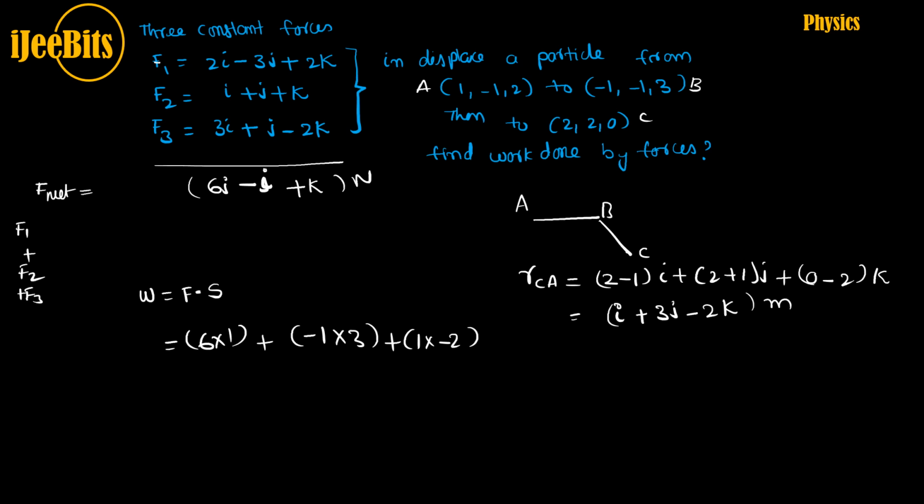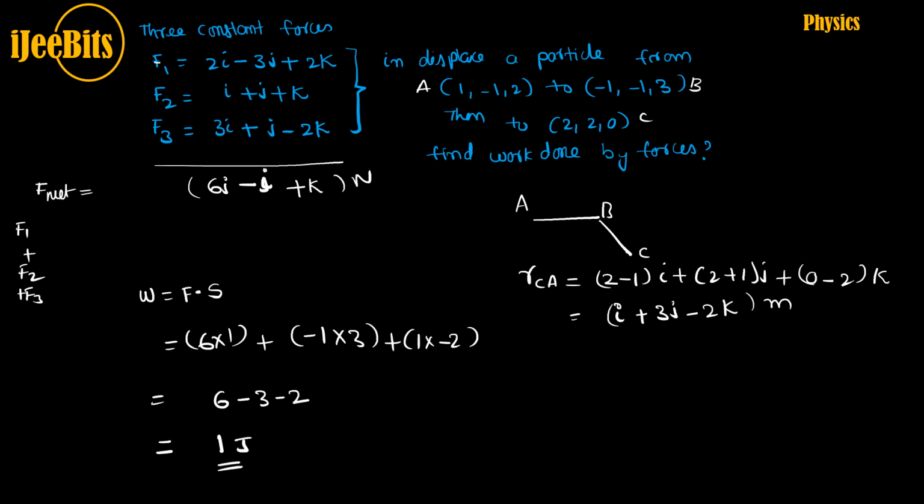So you get 6 minus 3 minus 2. How much is this value? 1 joule.